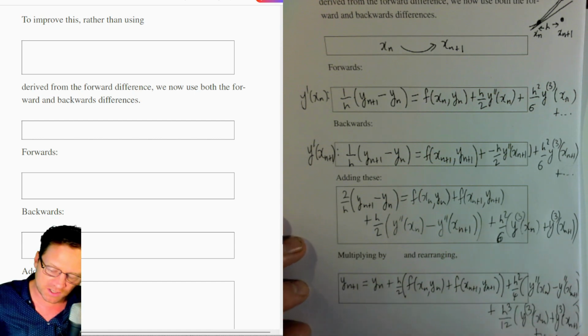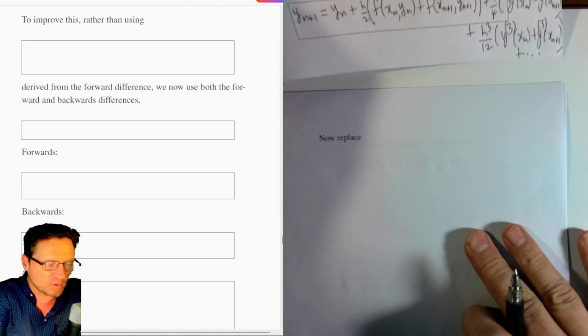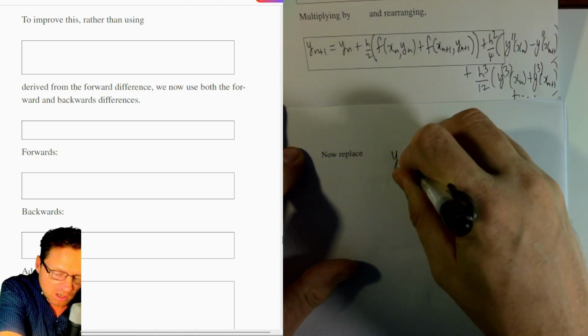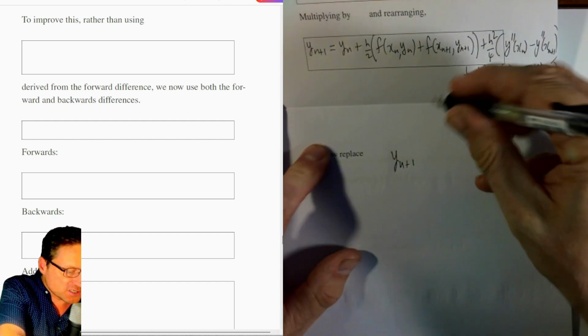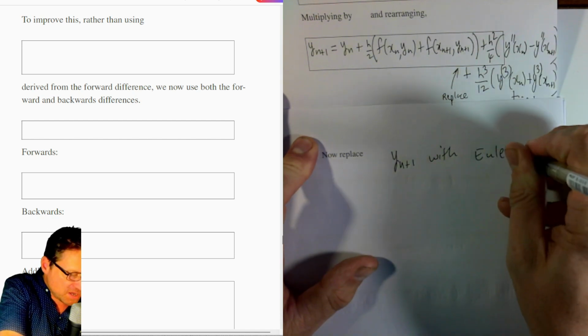Okay, so now what we want to do is, and that's our next page here, replace y n plus 1 in this position with what we got from Euler's method.